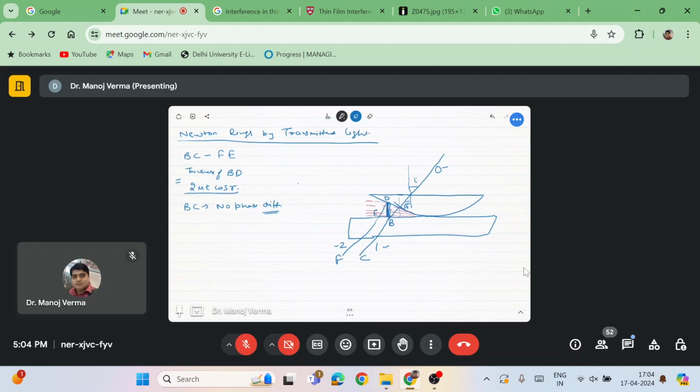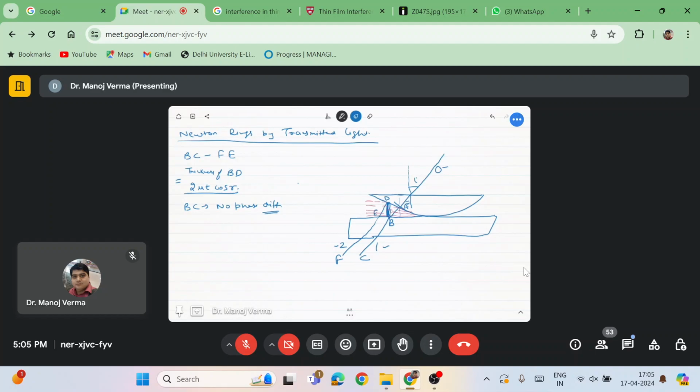EF में देखते हैं. EF में देखेंगे तो at point B reflection was from rarer to denser medium. So yes, a path difference of lambda by 2 will be introduced. At point D, again there will be a reflection from the rarer to denser surface. D point पे भी रिफ्लेक्शन हुआ है, B point पे भी रिफ्लेक्शन हुआ है, और दोनों ही रिफ्लेक्शंस रेयर डेंसर इंटरफेस पे हुए हैं.